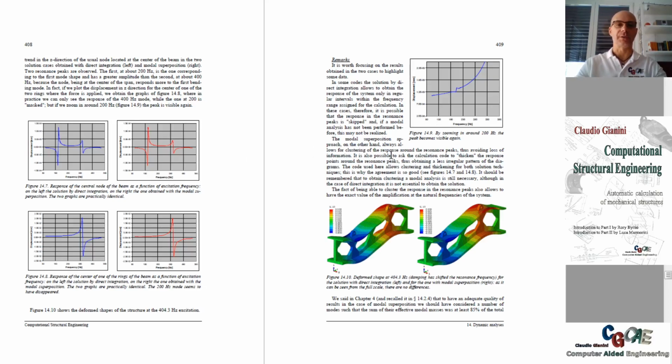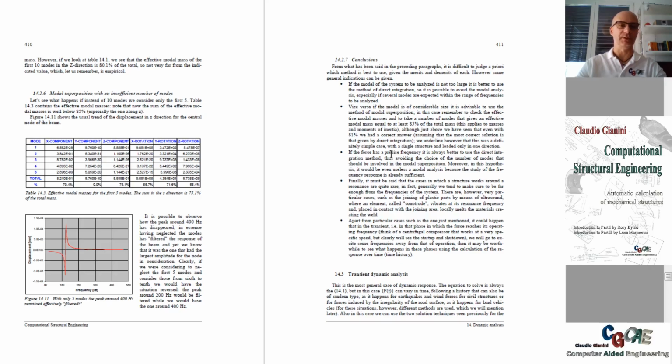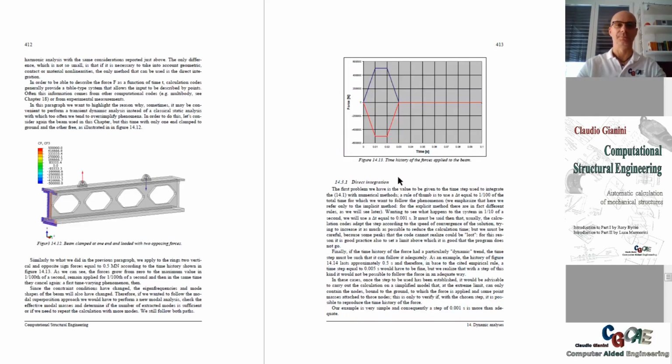And it is shown what happens if not enough modes are used. In the response, some peaks are clearly not considered. So we need to be careful when we run modal superposition analysis to use the correct number of modes. And here some hints are given on when to use one or the other solution.